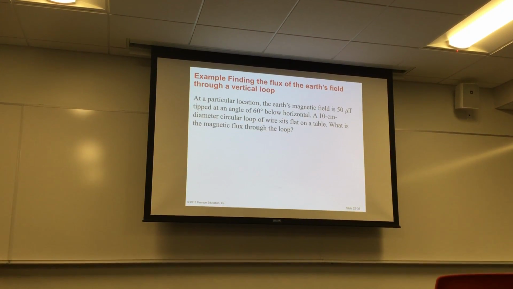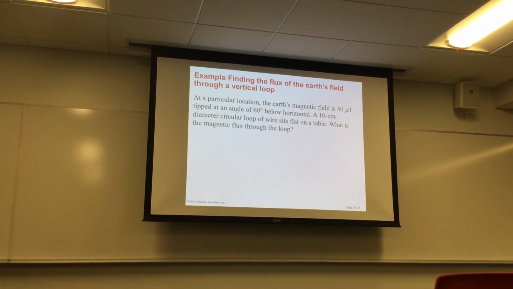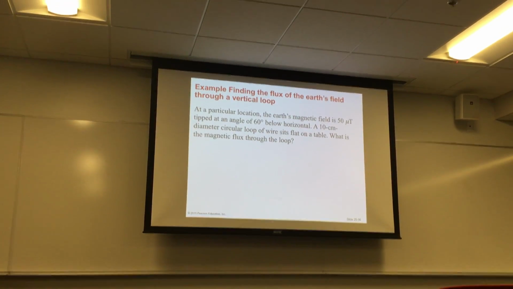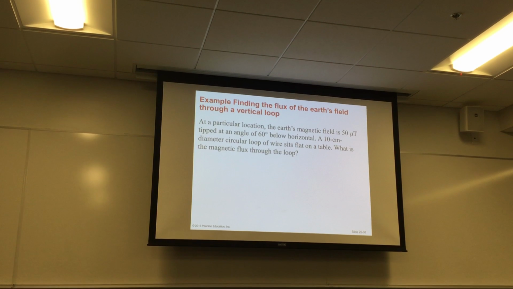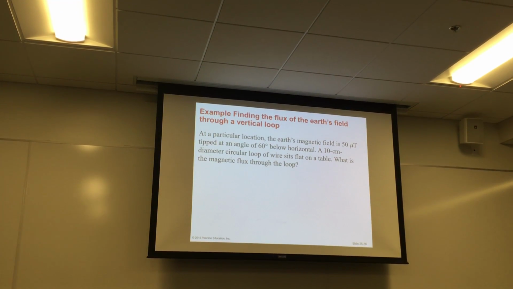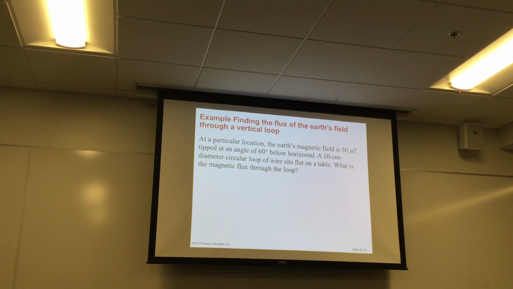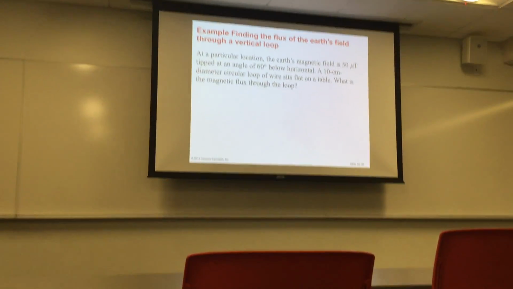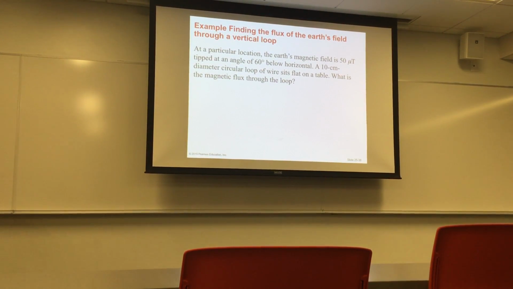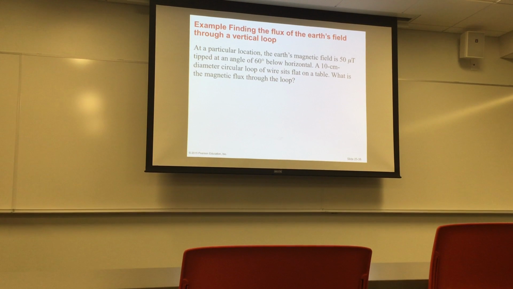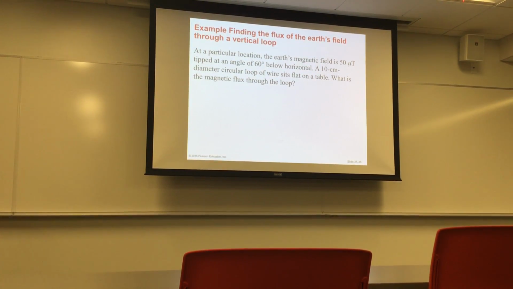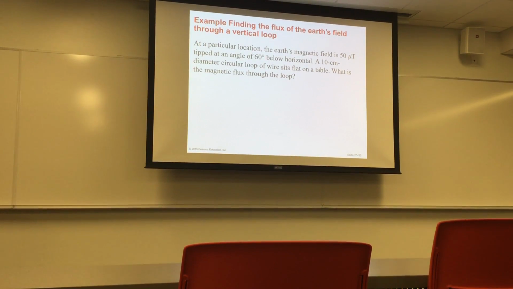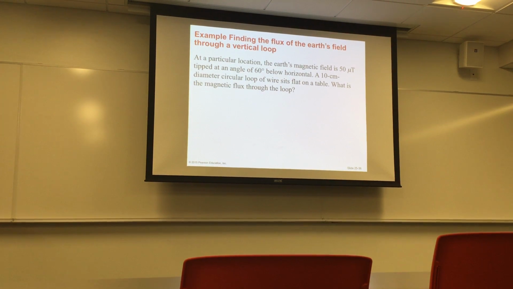So let's do an example. At a particular location, the Earth's magnetic field is 50 microtesla, 10 to the minus 6, tipped at an angle of 60 degrees below the horizontal. So the magnetic field would be like that, 60 degrees from the horizontal.